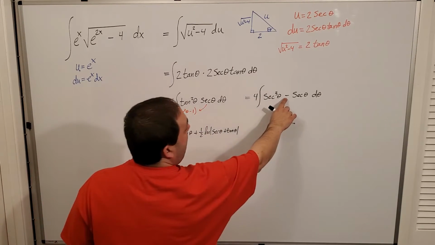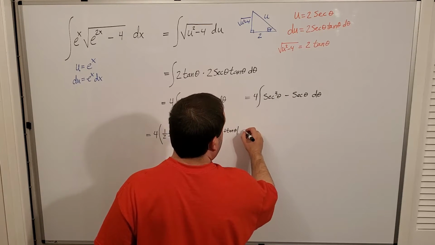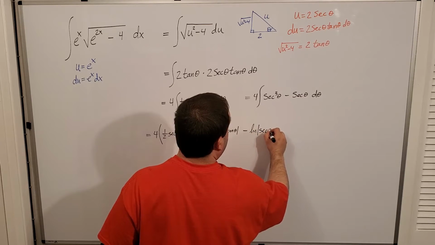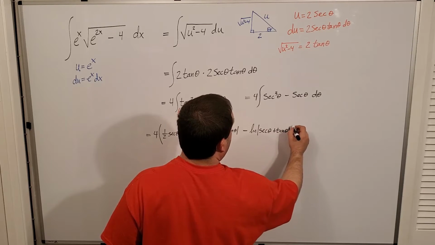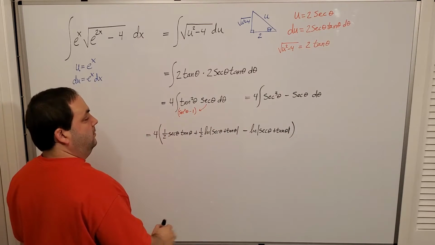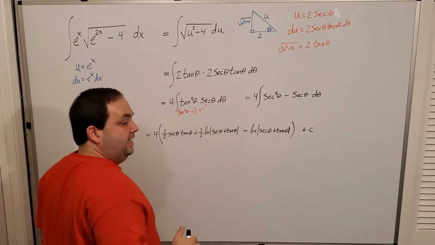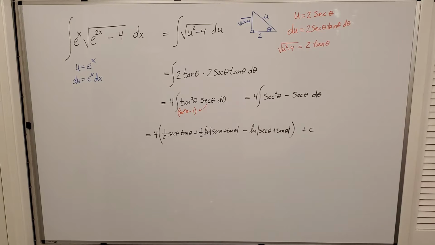Then minus the antiderivative of secant theta, so that's minus the ln absolute value of secant theta plus tangent theta, plus C, right? And 4 is multiplied throughout the entire piece.